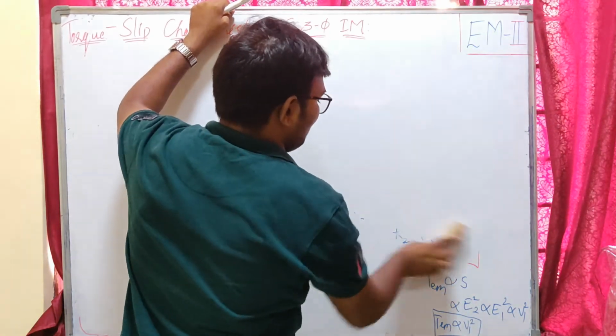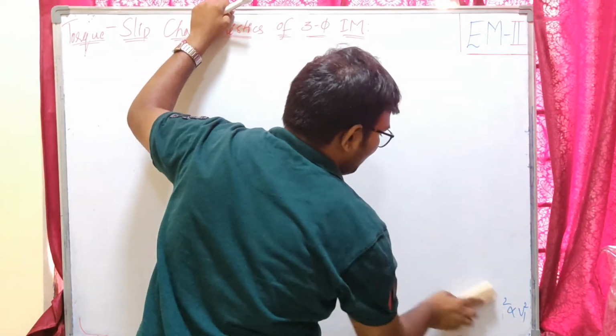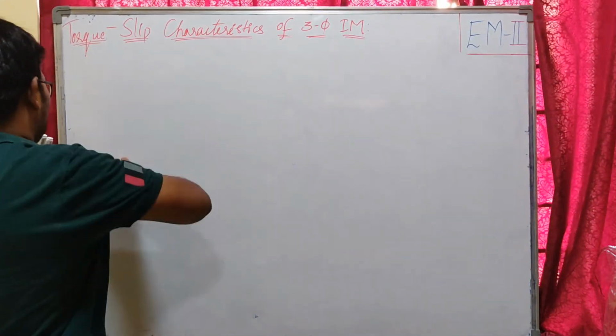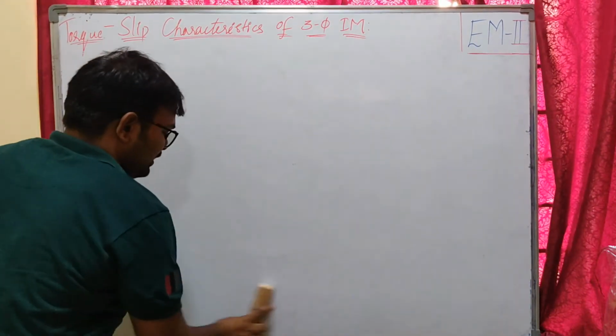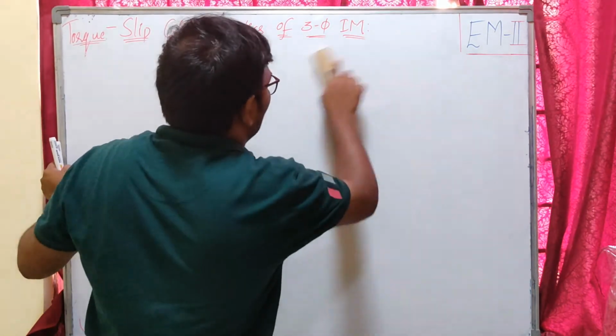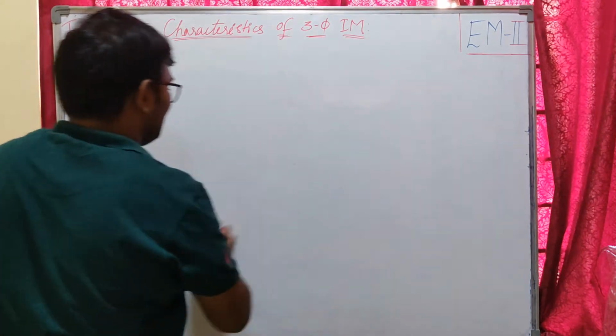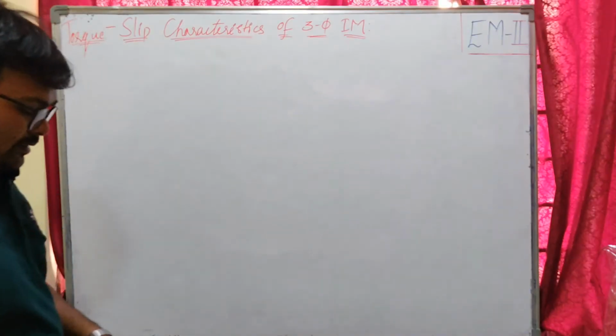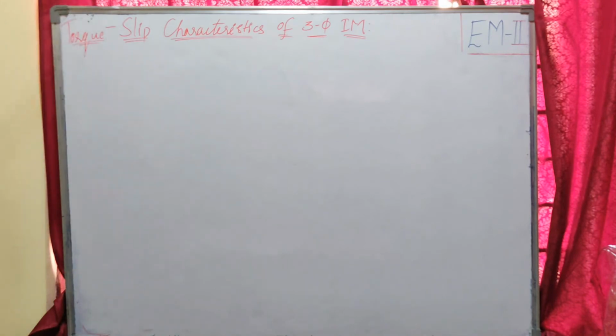That means whenever there is an increase in the load, our electromagnetic torque will automatically change according to the load and supply the load torque. Even if the load torque is increased, our electromagnetic torque will automatically increase accordingly, so that there will be a balanced operation. Now let us see the torque slip characteristics of our 3-phase induction machine.